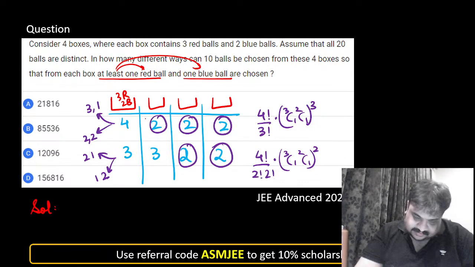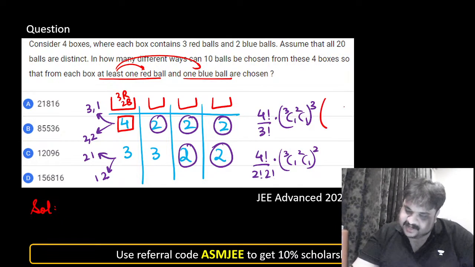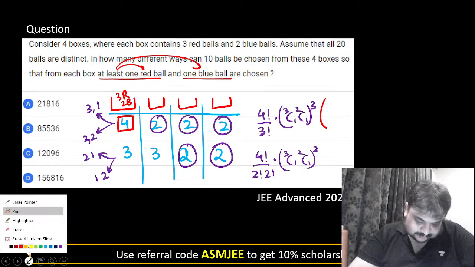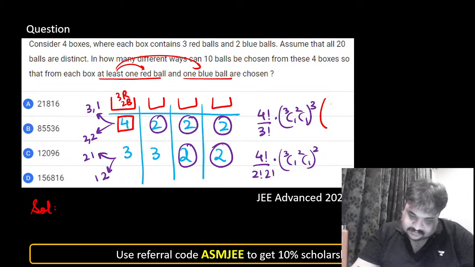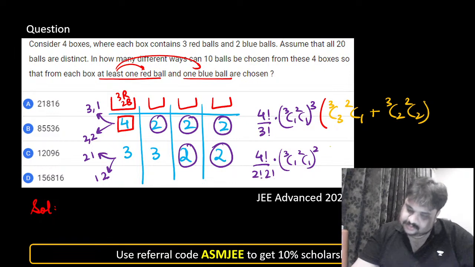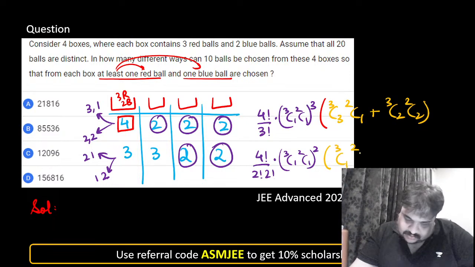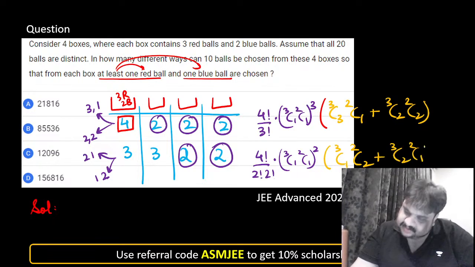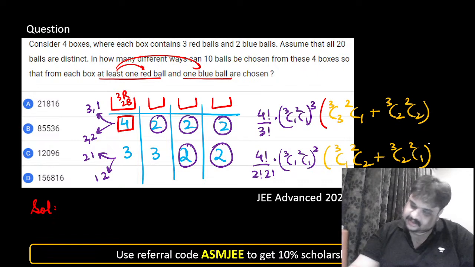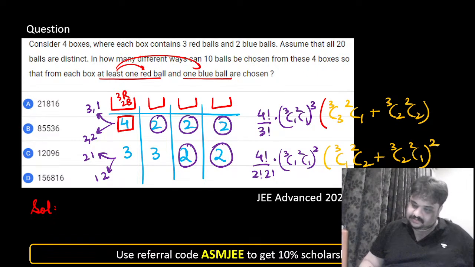What is left for this case? A bracket will start: 3, 1. So 3c3, 2c1 plus 3c2, 2c2. Here 3c1, 2c2 plus 3c2, 2c1, whole square. I think this is done now.